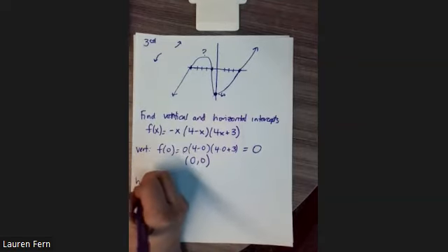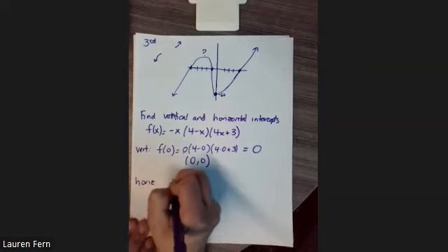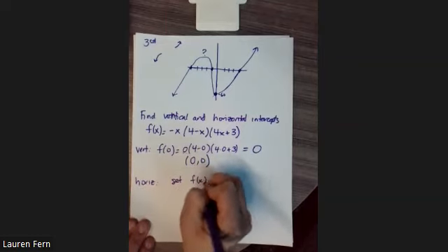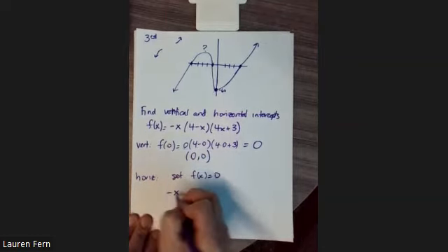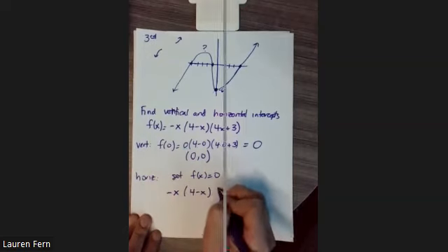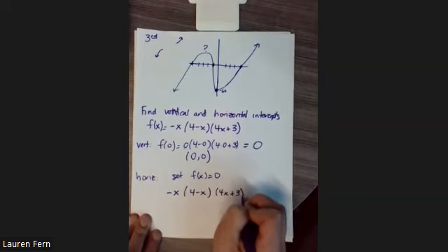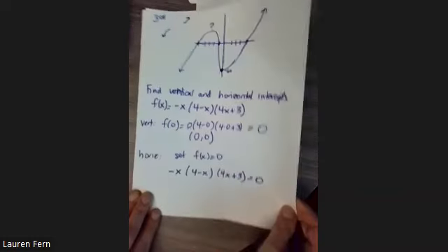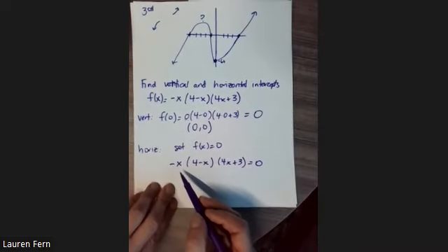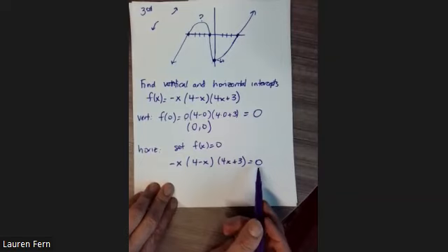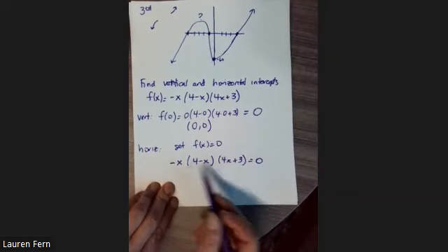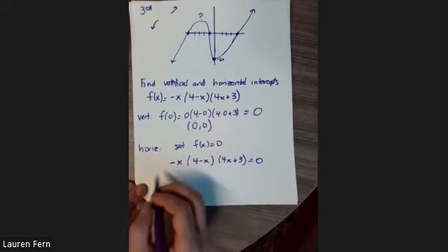Okay, so for my horizontal, notice what we do is we set our function equal to 0. Well, in this case, this is my function, and I'm going to set it equal to 0. Well, we can only multiply things together to get 0 if at least one of these is 0.